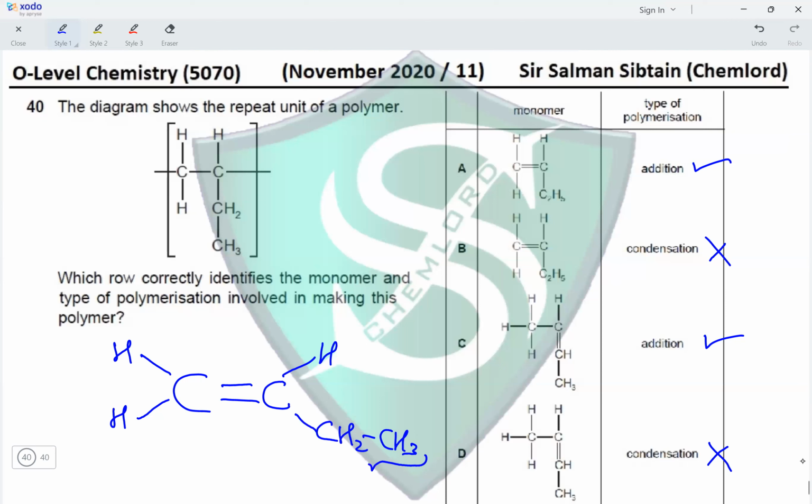Instead of CH2CH3, they've written C2H5, which is also okay. So A has this and C does not have the double bond in the correct position. So C becomes incorrect. As a result, option A is the correct option for this question.